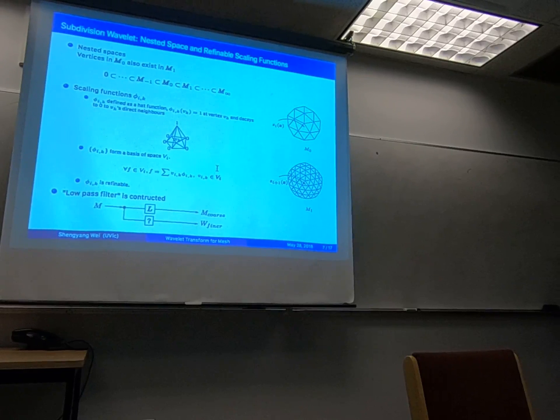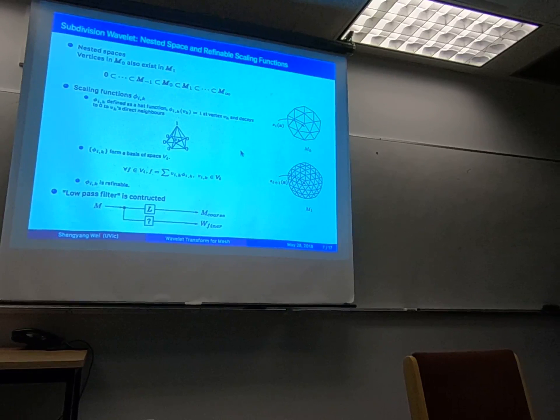So for example, if the function is the surface itself, any point on the surface can be represented by the set of scaling functions multiplied by the vertices on the mesh.